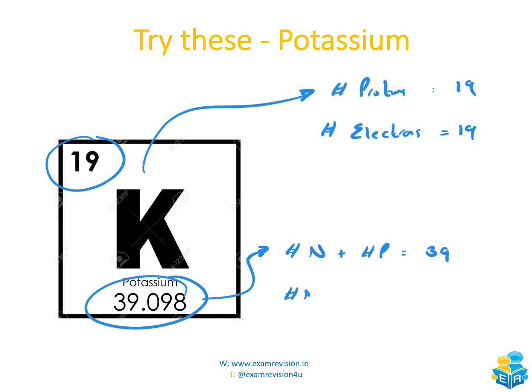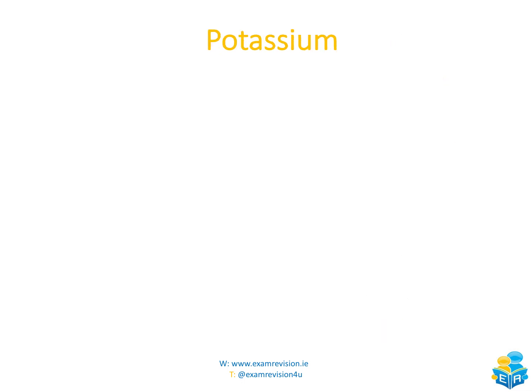We don't know the number of neutrons yet, but we do know that when we add that to 19, which is the number of protons from up above, we have to get 39. So what do you add to 19 to get 39? We add 20. So the number of neutrons is 20. So in this case, we actually don't end up with the same number for all 3. Protons was 19, neutrons was 20, and electrons was also 19.